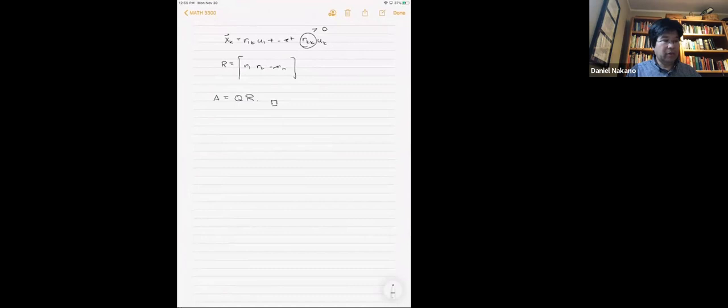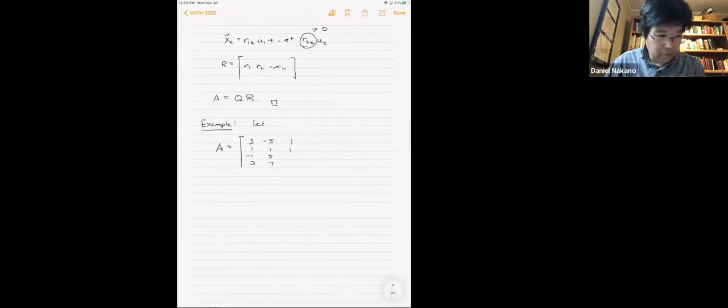All right, now how do we put this into practice? So here's the example we're going to do. Let A be equal to the matrix 3, 1, minus 1, 3, minus 5, 1, 5, 7, and 1, 1, minus 2, 8.